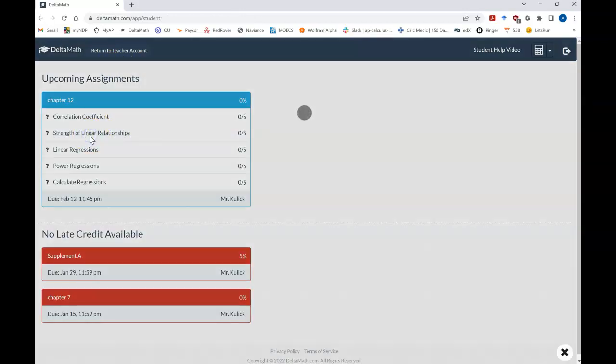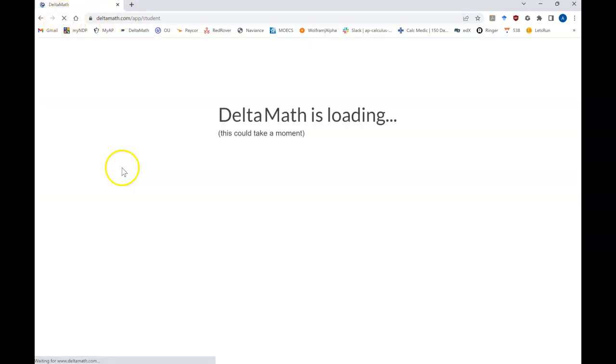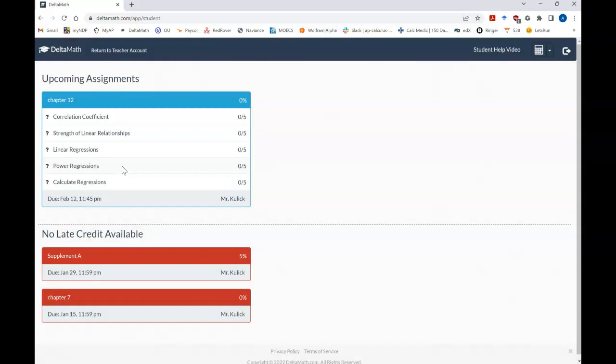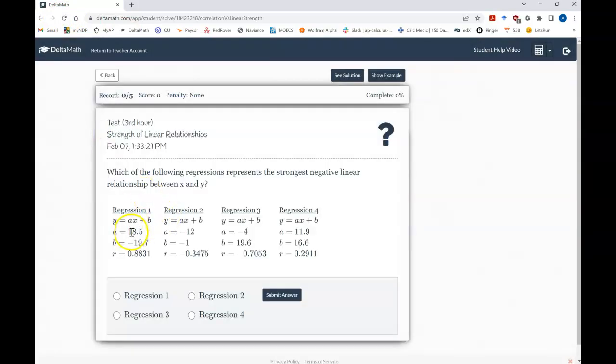You have strength of linear relationships questions. Here you're given 4 regression equations, and they'll ask you for the strongest negative relationship. Which one would that be? What's the only number I'm looking at for a question like that?